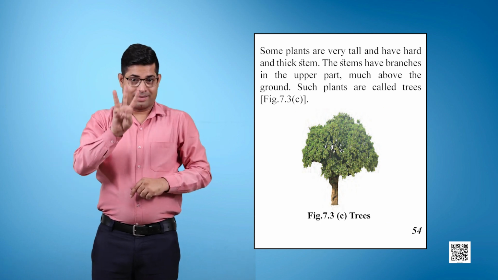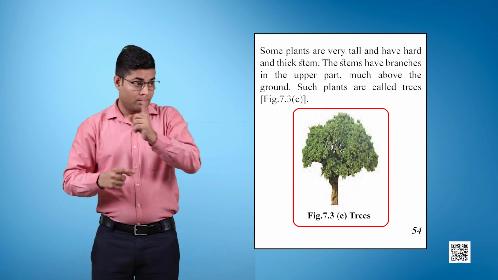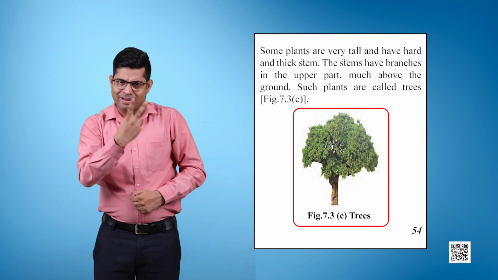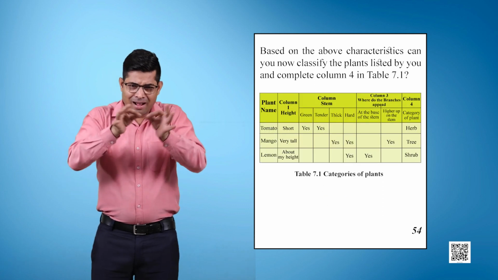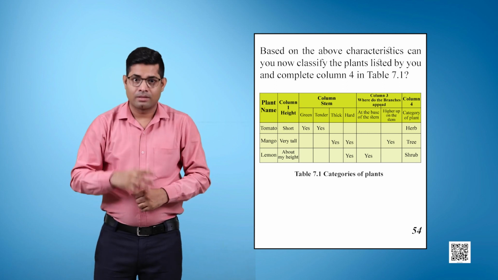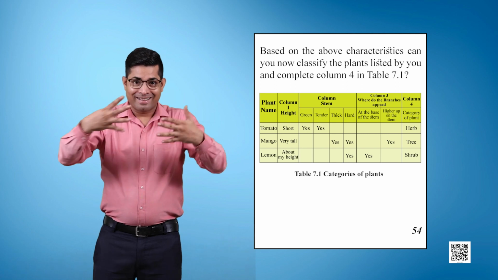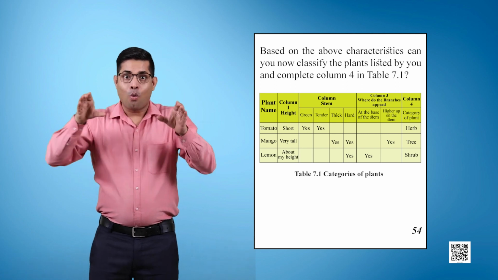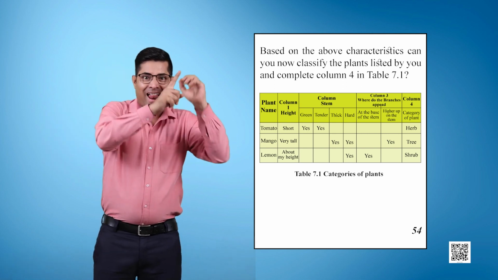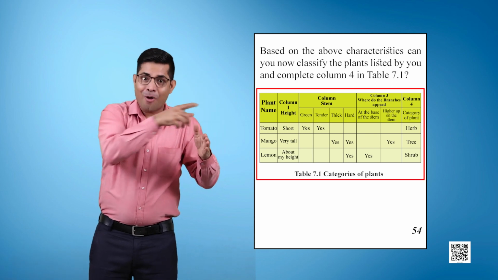Figure 7.3c. Based on the above characteristics, can you now classify the plants listed by you and complete column 4 in the table 7.1?